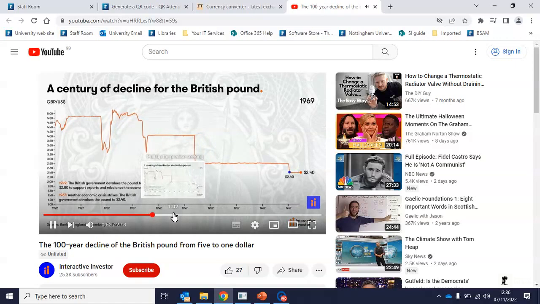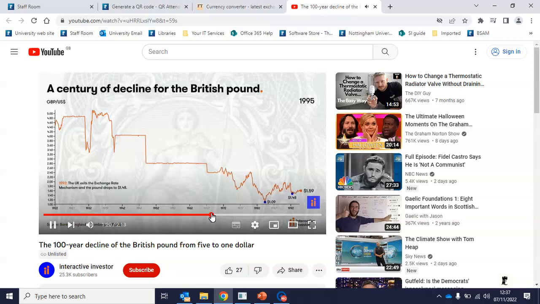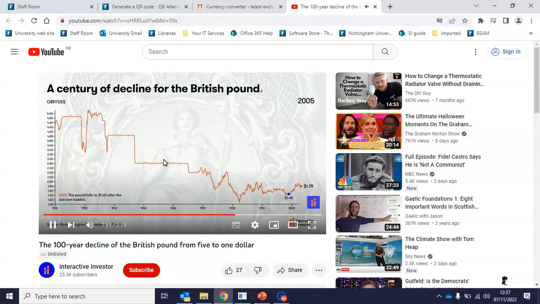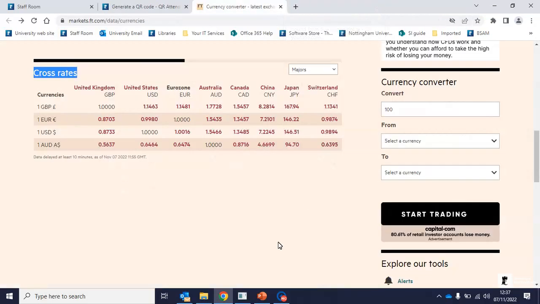I'm just going to move a bit forward. So it dropped here, around 86, 87. Good. You should look at the event and how the market responds to it.